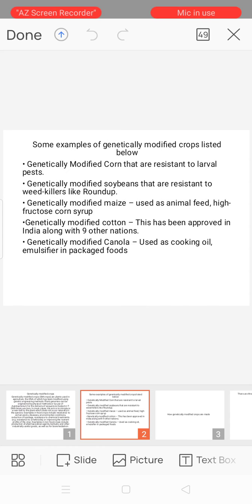And fourth one, genetically modified cotton. This has been approved in India along with 9 other nations. And fifth one, genetically modified canola used as cooking oil and emulsifier in packaged foods.